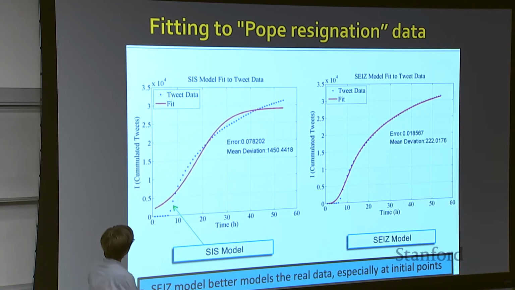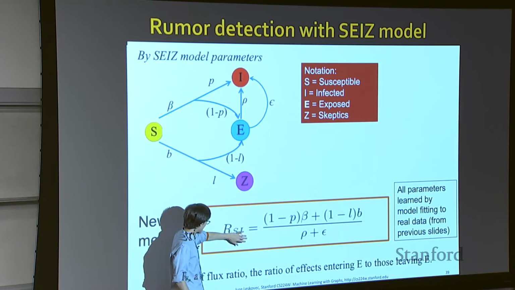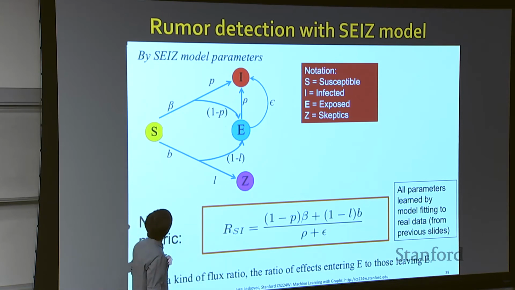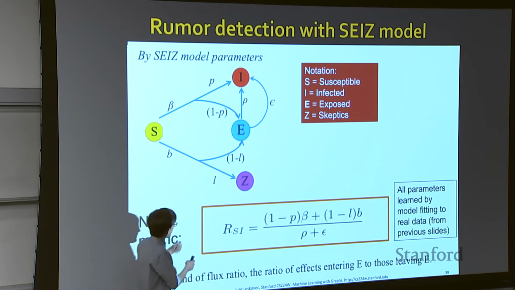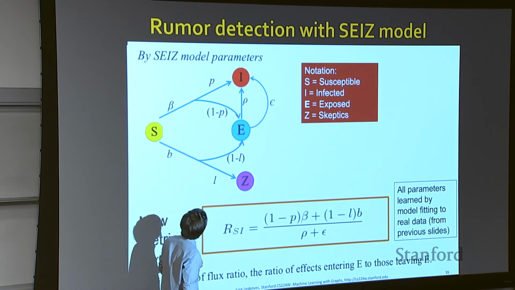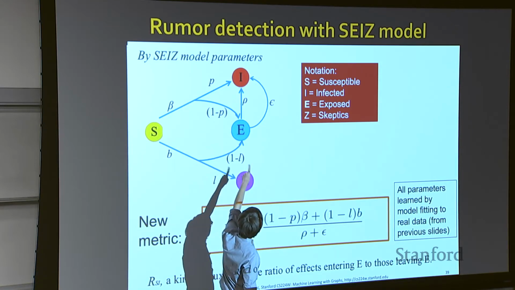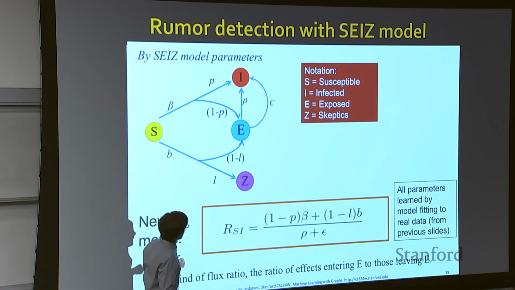What is then also interesting is that these guys came to this metric that they call R sub SI. You can think of it as some kind of flux ratio between people moving between exposed and infected, and people moving into the exposed state, right?